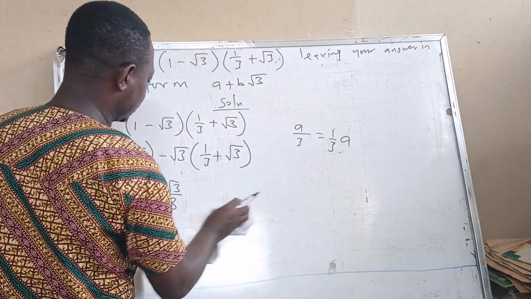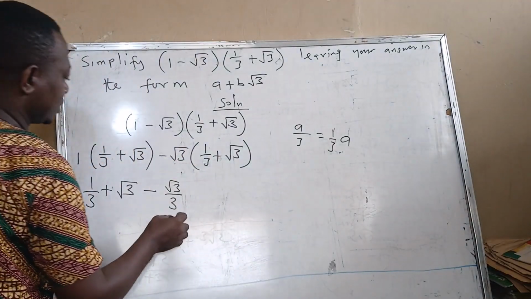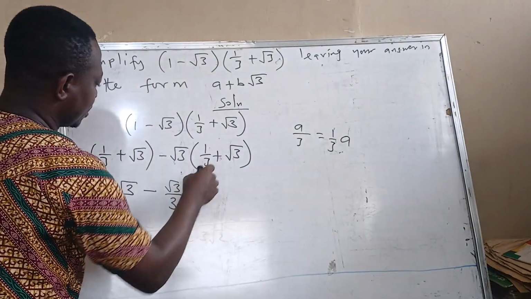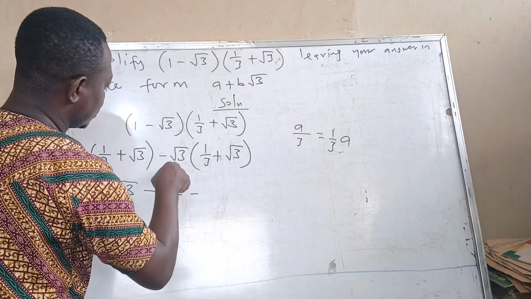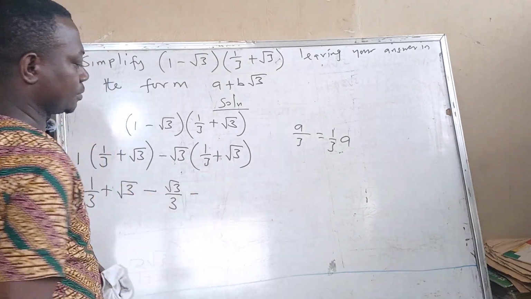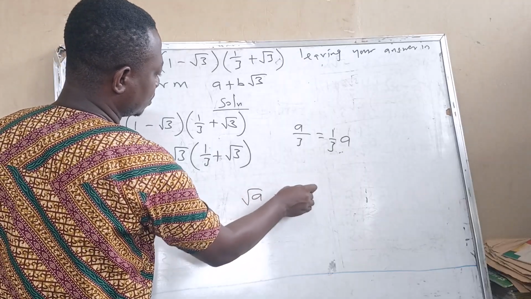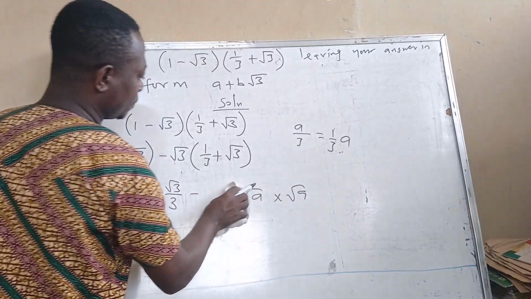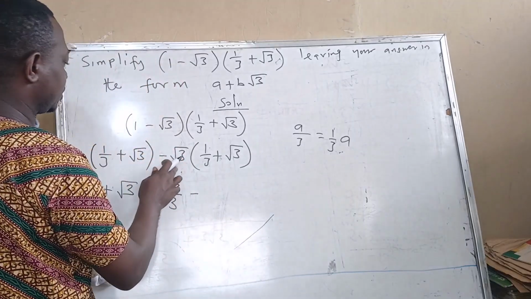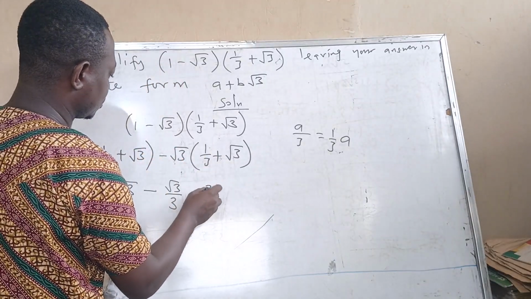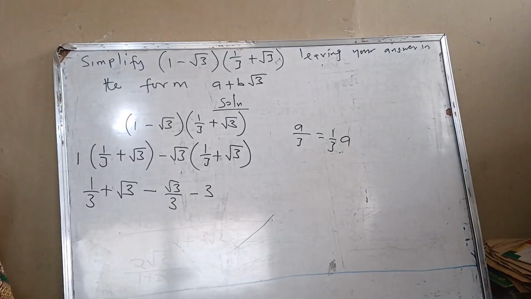Now we come to this, don't worry. So the next one will be, so minus will affect this, minus, okay, root 3 times root 3. Remember the properties, square root of a times square root of a, that will be a. So don't waste time. So this times that will be 3. Okay, so we are free to go.